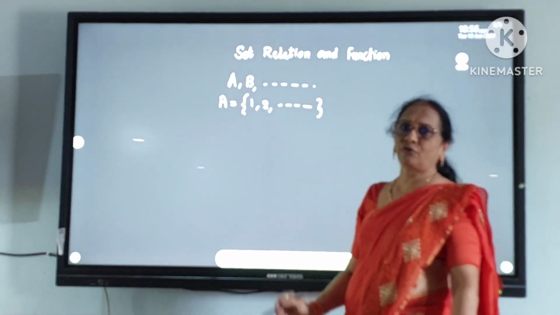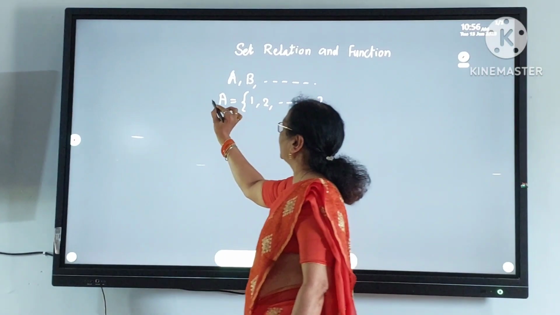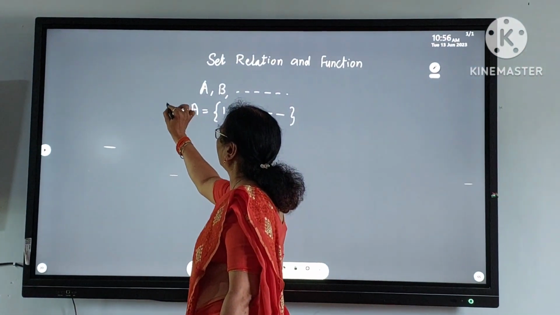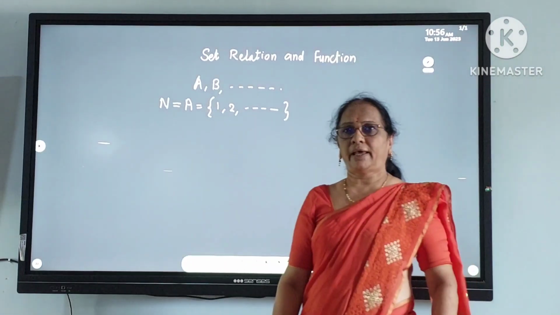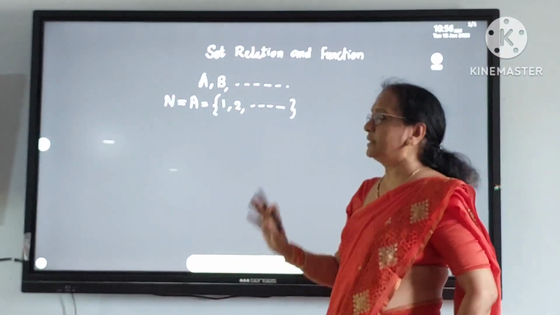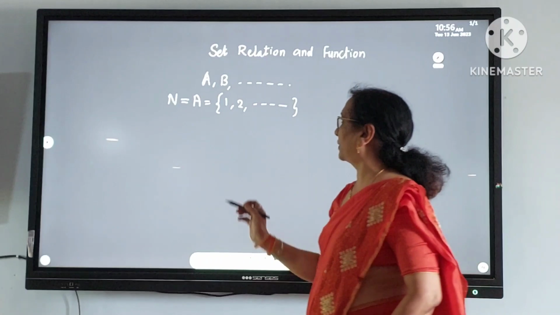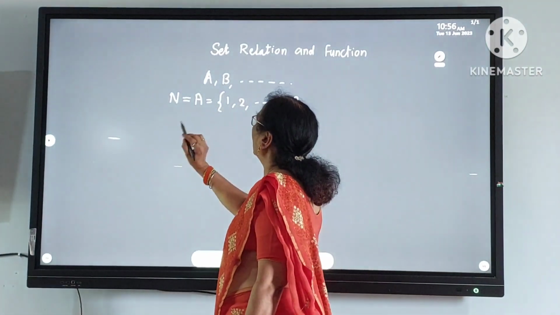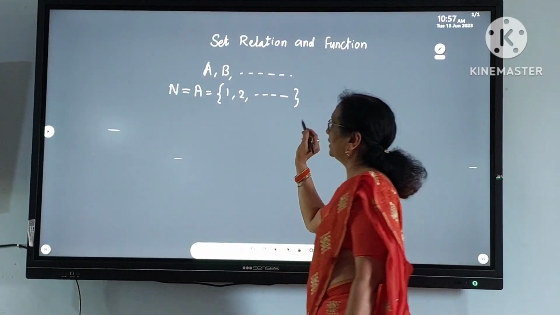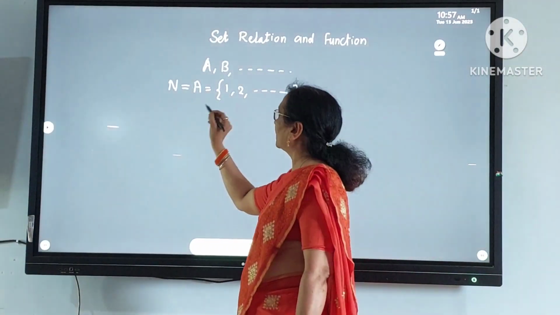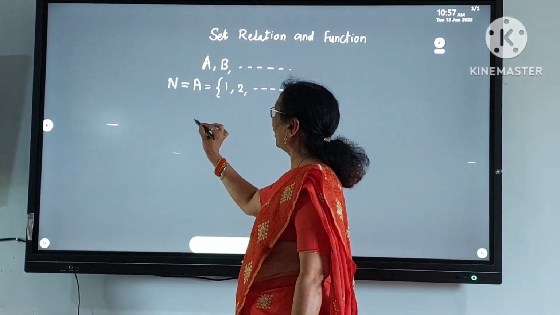Actually, the set of natural numbers you have to represent by the symbol N. Whenever we say the set N, it means the set of natural numbers. Now if we have to write down the set of well-defined objects, then the objects can be represented by small letters.